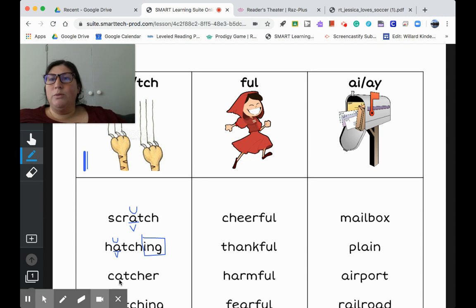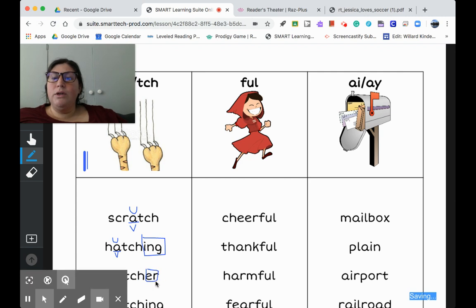So the base word catch here becomes catcher, and as you know, catcher is a thing or a person. So I'm actually going to box in this ER. You could underline it, mark it with a V if you'd like. That also is fine. But now I'm going to find my vowel, mark it with a V, and remember this is a short vowel because of the short vowel protector. Catcher.